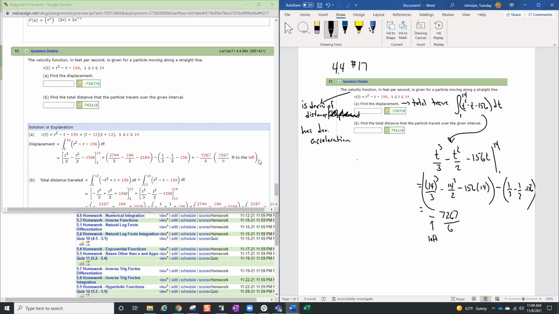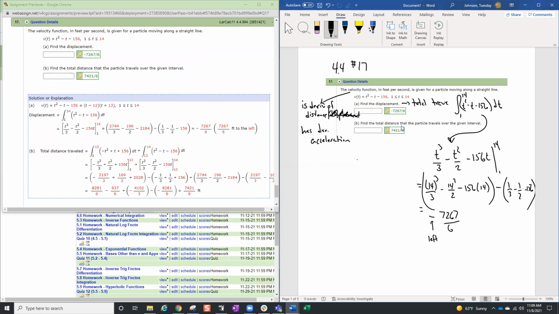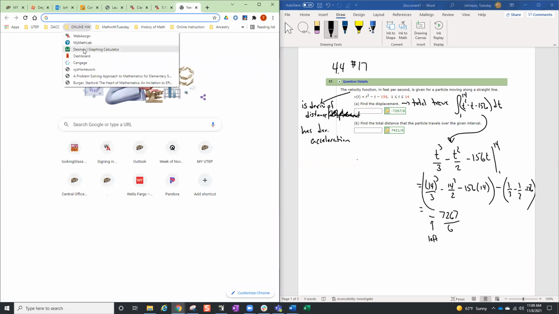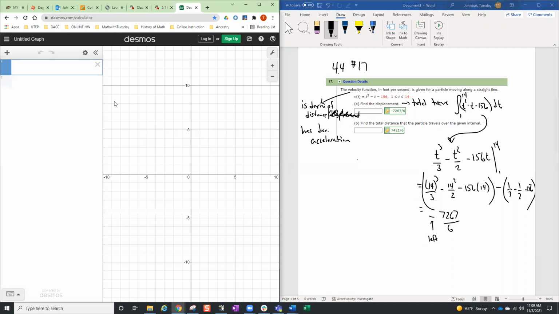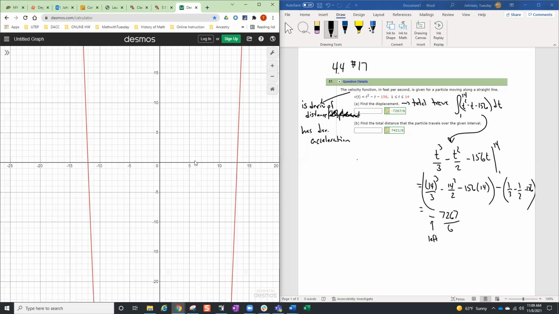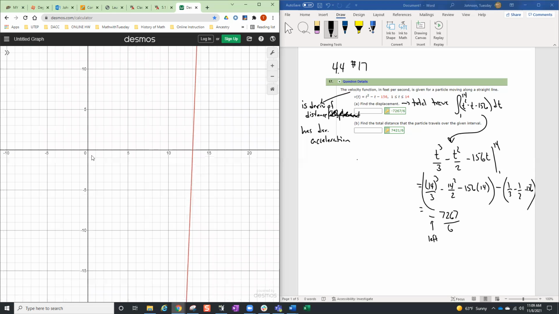Now for the total distance traveled, we need to look at the graph. So let's stop cheating and go to Desmos. I'm going to graph x squared minus x minus 156. On our interval, notice how everything from 0 to 13 is below the axis.